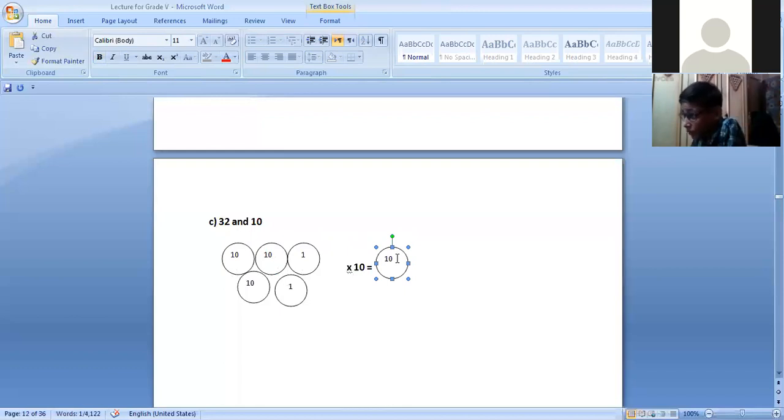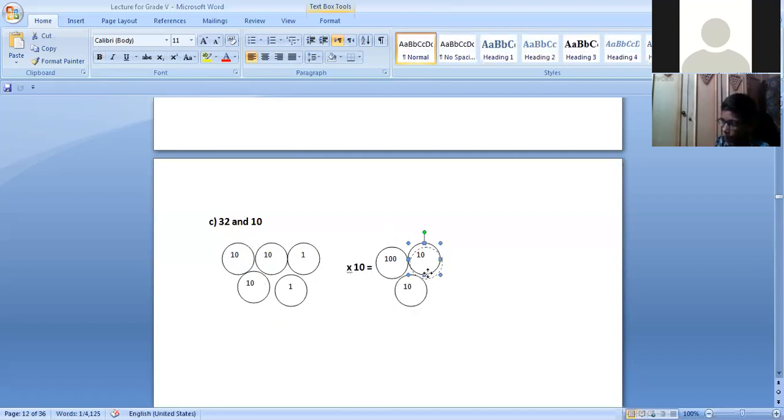Okay, Zan, when you multiply 10 by 10, the answer becomes 10 tens are, yes Zan, what should be the answer? 10 tens are 100. Okay, and then again we have 120. 10 tens are 100. In the same way, 3 discs multiplied by 10, the answer is 100.